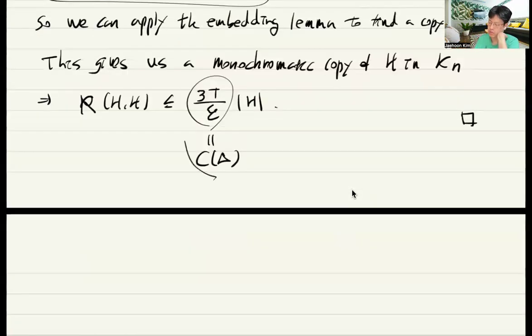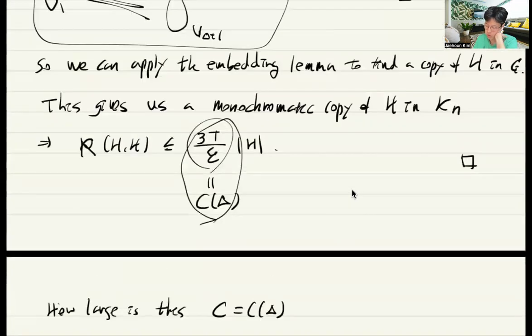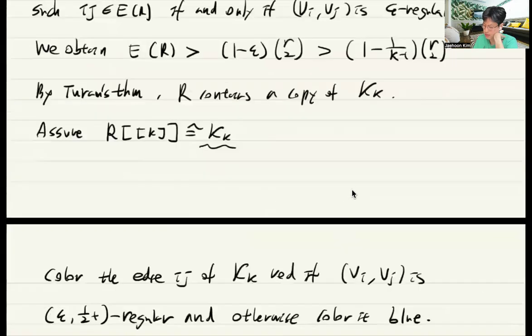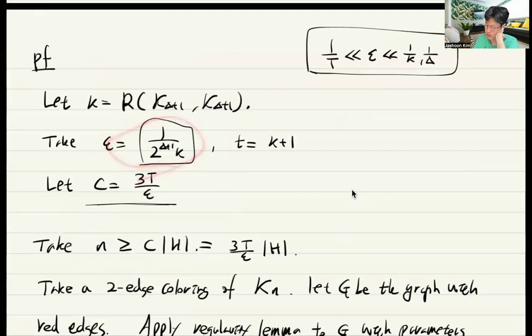And if you think about the dependency of this, how large is this C in terms of delta? So epsilon was taken as this, which is exponential, and then K was the Ramsey number, which is also exponential. So epsilon is exponential in delta.